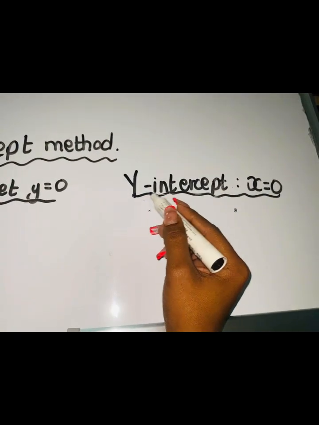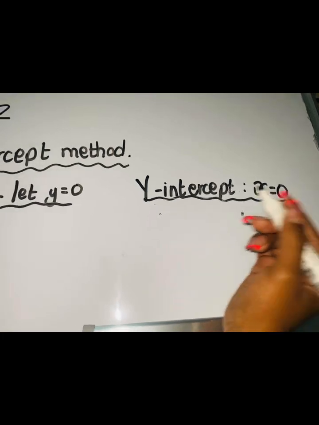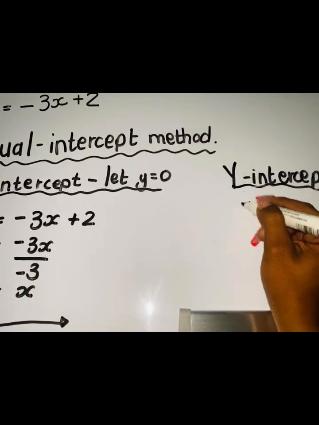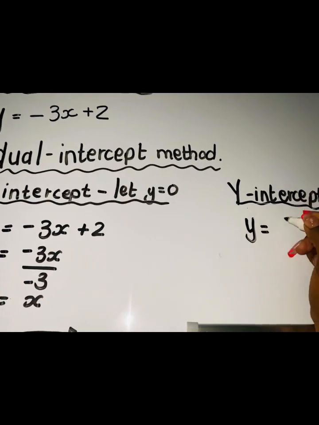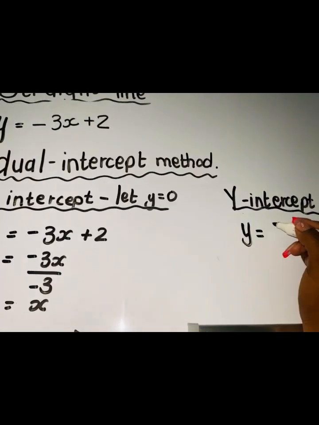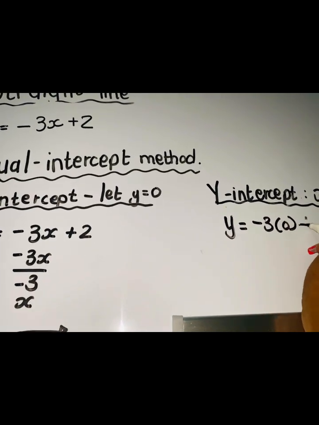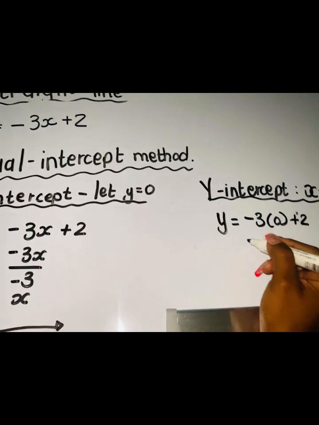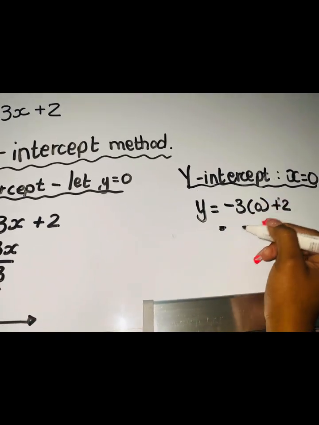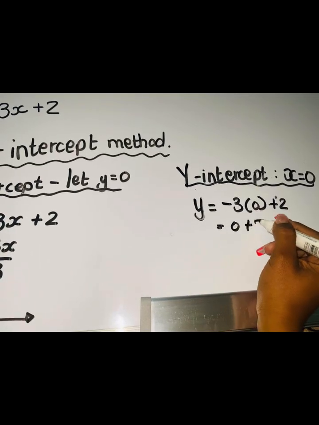Right, let your x equal 0 for your y-intercept, meaning in the place of x, we're going to put 0. Now it's -3 multiplied by 0 plus 2. So when we multiply this, we get 0, so it's 0 plus 2.